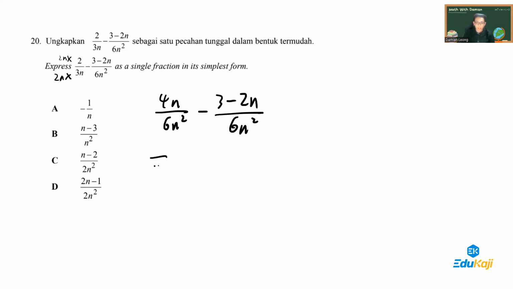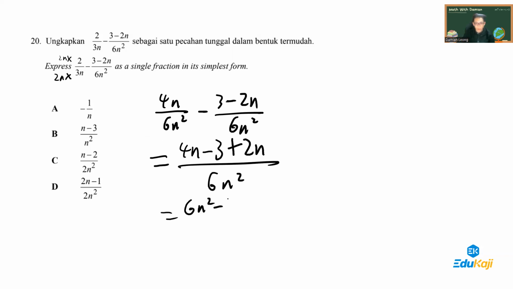Make sure when you minus a fraction, it's the same as having a bracket for the fraction. So it means it's minus the 3, then minus, same sign becomes plus for the 2n. So it's 6n square minus 3 over 6n square.